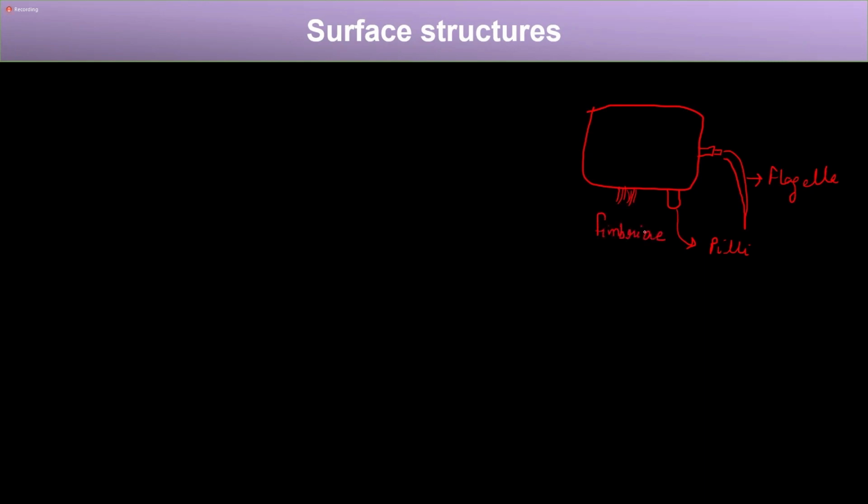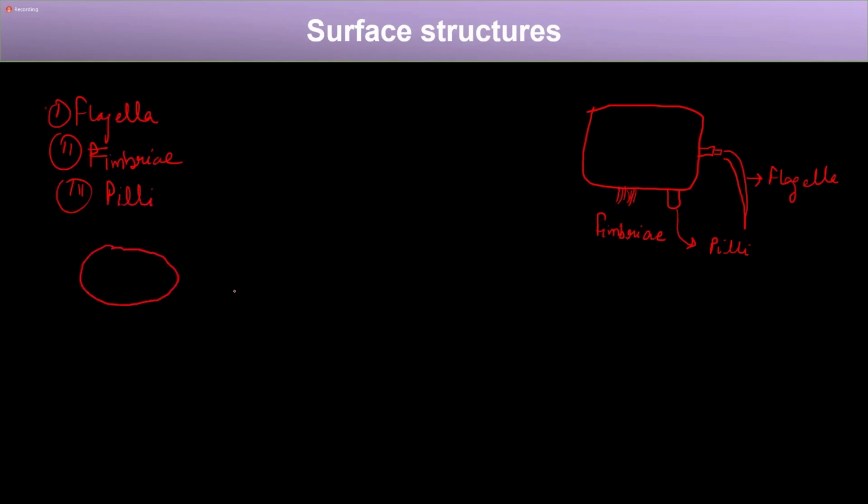So these are the three surface structures present over a bacterial cell. We can write them: the first one is flagella, the second one is fimbriae, and the third one is pili.